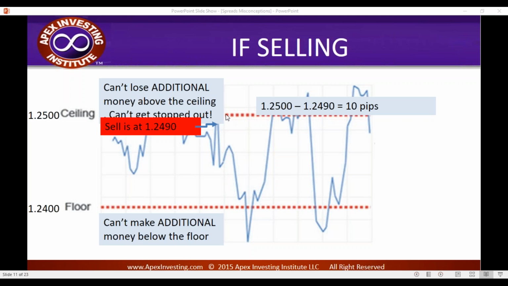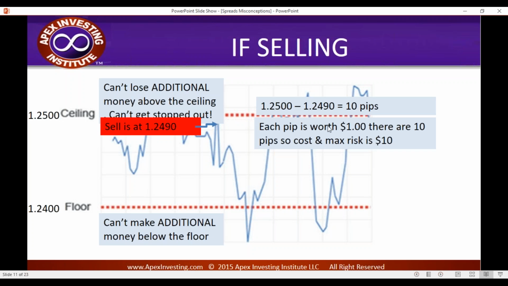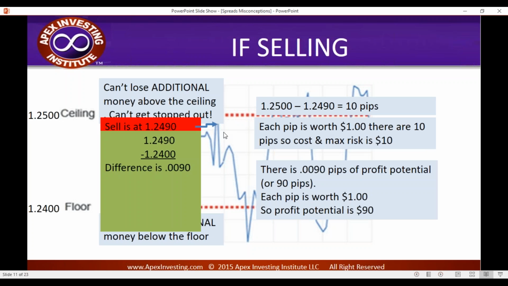Because it's 10 pips to the ceiling, and it's $1 a pip, that's 10 bucks. And what happens if the market shoots up 50 pips against me? I'm still only risking $10 because I'm protected at that ceiling. Each pip is worth $1, there are 10 pips of risk, so my max risk is 10 bucks.